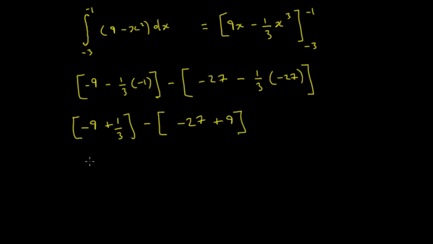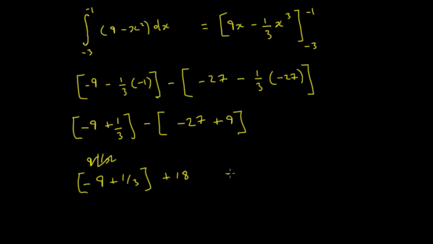So that's minus 9 plus 1 upon 3, and it would be minus 27 plus 9, so that's going to be minus 18, but there's a minus here as well, so it's going to be plus 18.